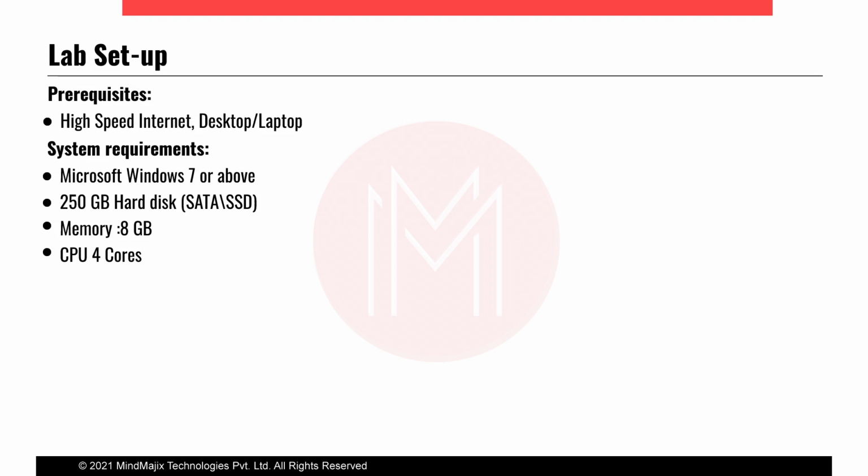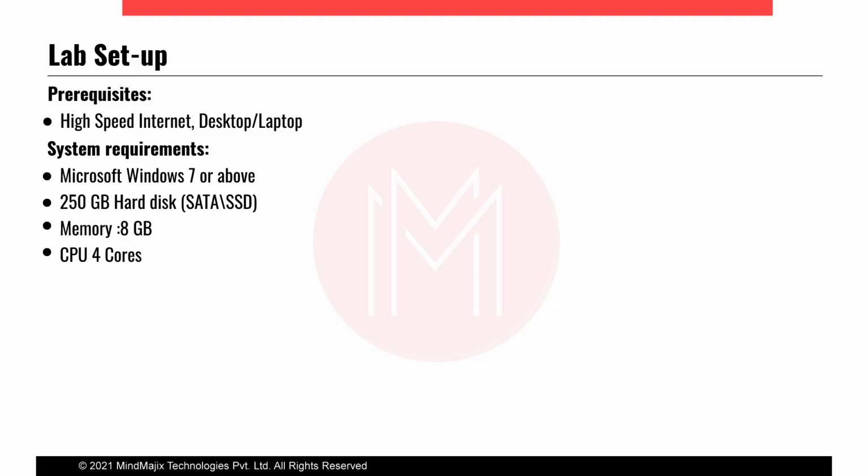For practicing Vue.js in this course, you need certain configurations in your system. The first thing is that you need high-speed internet, and you should have a desktop or laptop. The system requirements should be high in your laptop.